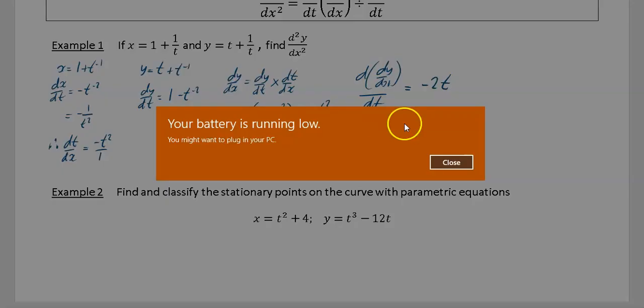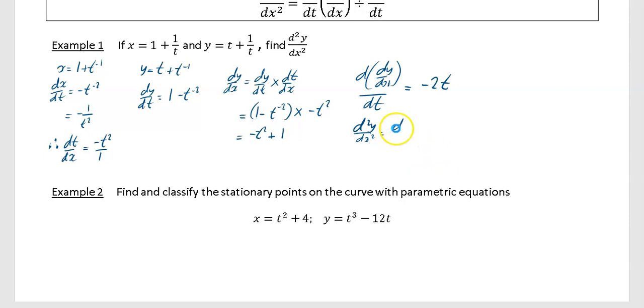It is equal to the derivative of my dy by dx with respect to t, times my dt by dx.